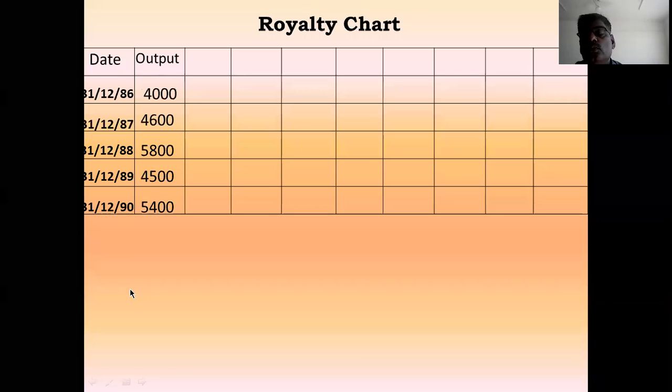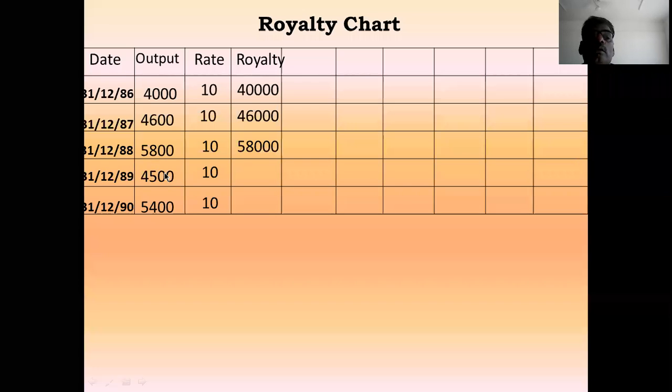This is the units sold. Then the rate of royalty: 10, 10, 10, 10, 10. Then royalty, multiply these two: 4,000 into 10, 4,600 into 10, 5,800 into 10, 4,500 into 10, 5,400 into 10. This is the royalty.